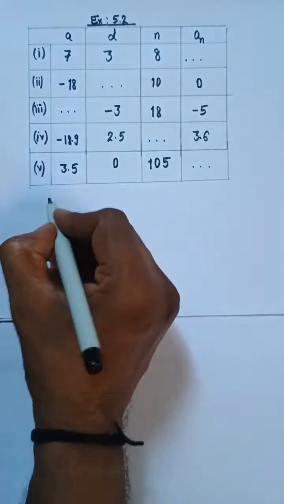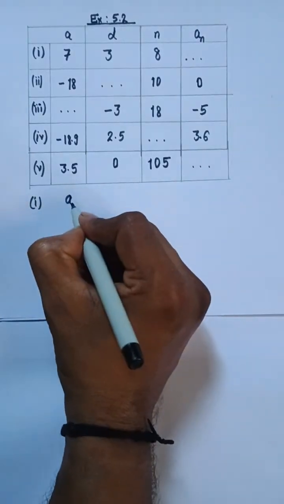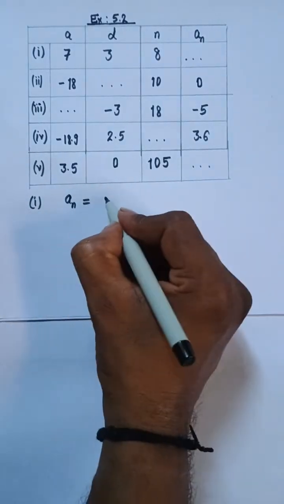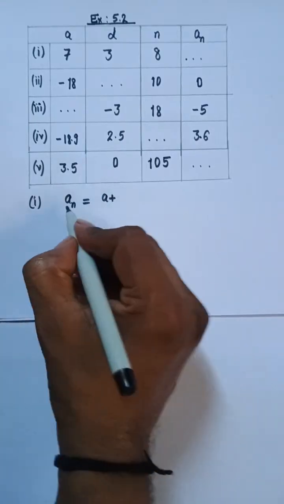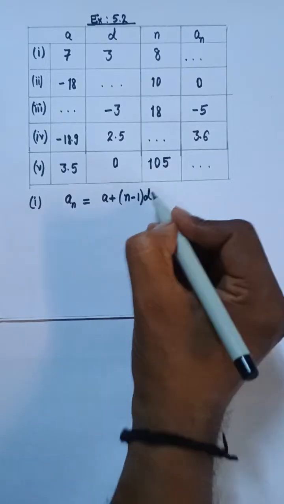Now we need to find an over here. So let's solve here. We know that an is equal to a plus n minus 1 times d.